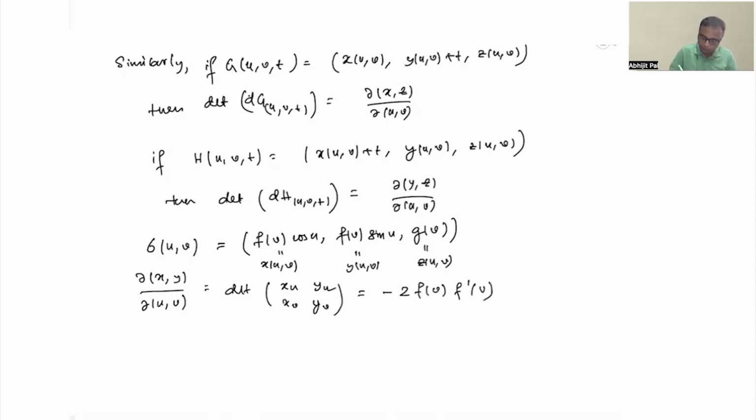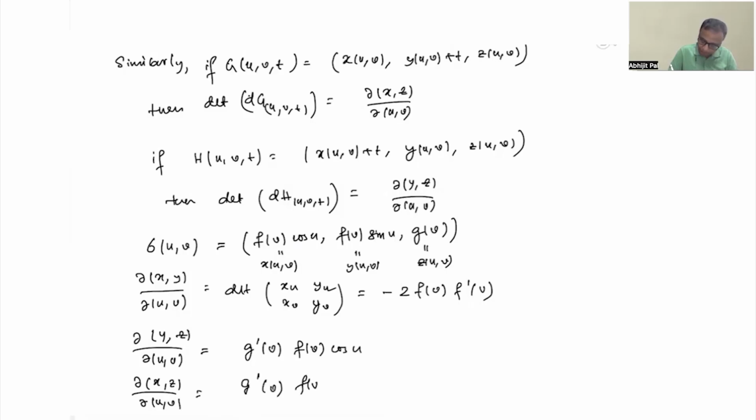Okay, and so what will be my del(y,z)/del(u,v)? So this you can compute to be equal to g prime(v) f(v) cos u, and del(x,z)/del(u,v) is equal to g prime(v) f(v) sin u. Okay.